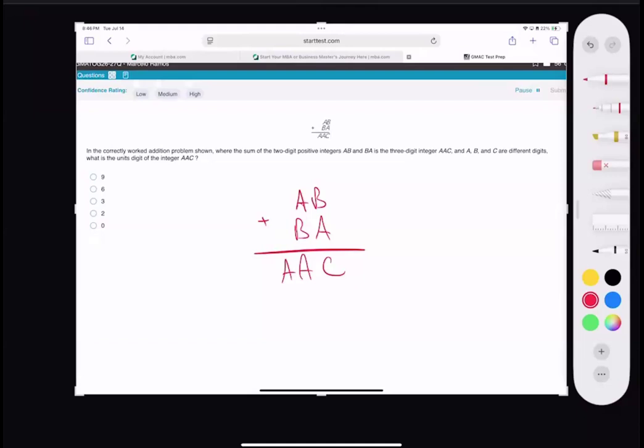Well, the only way, I would try like 1 and 9, 9 and 1. I don't know. Because the tens digits A and B need to produce the hundreds and tens digits AA. Okay? And if I do 9 and 1, it will be 0, carry 1, it will be 11. Do you guys agree?